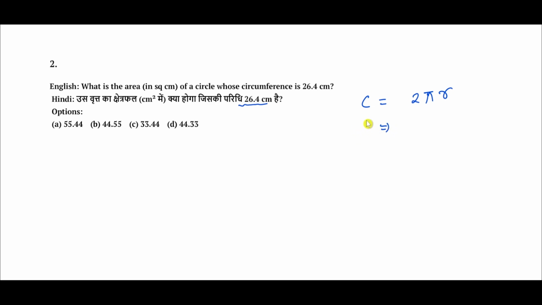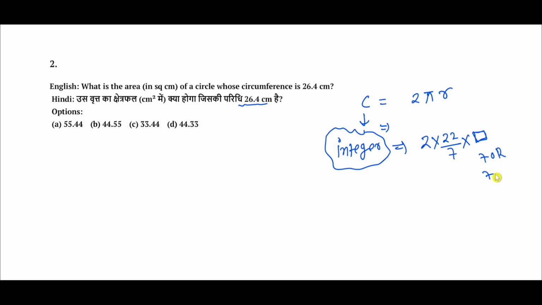When the outcome of the circumference is an integer, this is only possible when you take the radius as 7 or a multiple of 7. Only in this condition do you get an integer value; otherwise you get a decimal value.